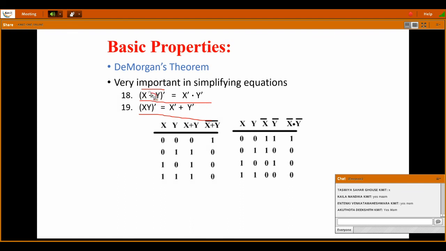Here the plus is taken as dot. Remember De Morgan's theorems: plus is replaced with dot, meaning OR is replaced with AND, and the complement is splitted. So the total bar is splitted as x bar dot y bar.